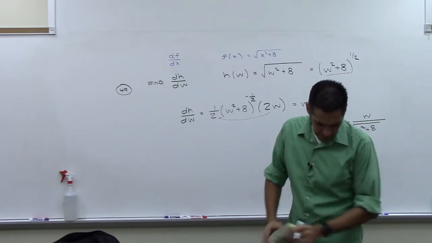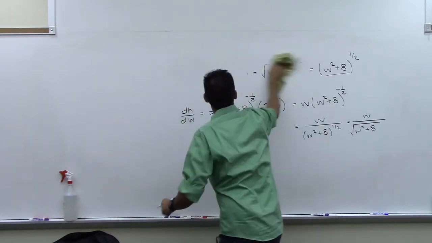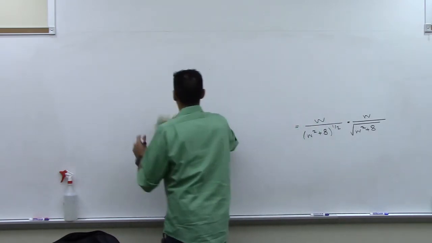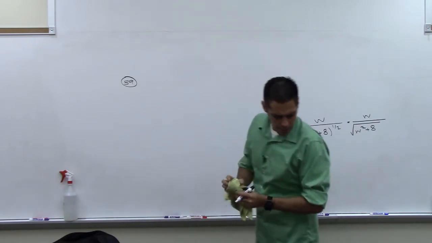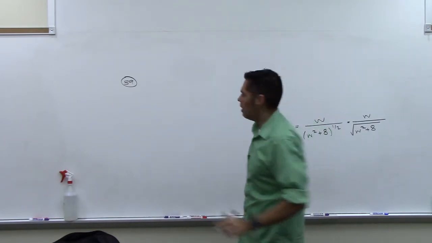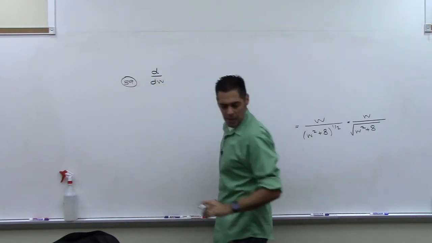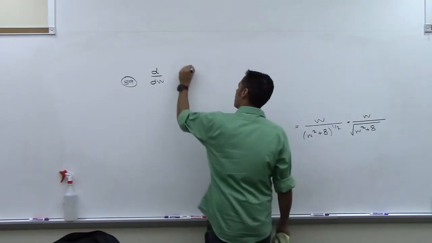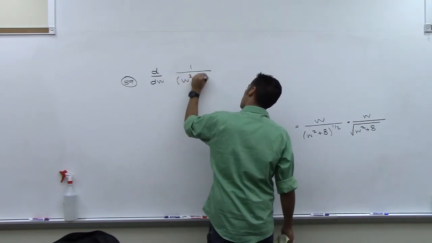All right, now 59. We have dw, so I want to take the derivative. We're treating w as our variable, and we're trying to take d/dw of 1 over w cubed plus 4 to the 5th.